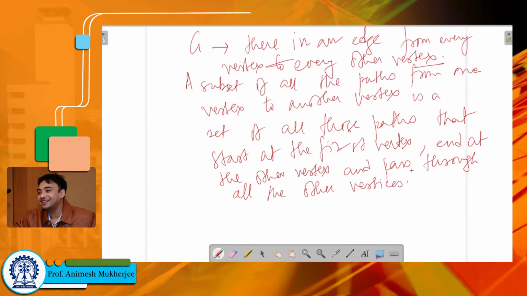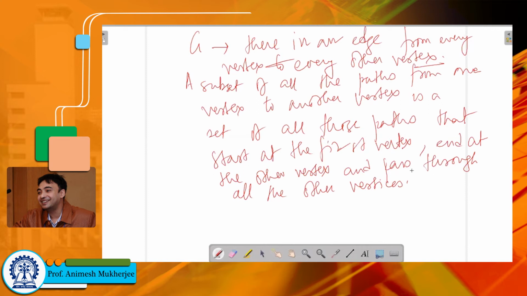So if you imagine carefully a graph that has an edge from every vertex to every other vertex, the paths would include all those that start at some first vertex, end at some other vertex and pass through all the other intermediate vertices.